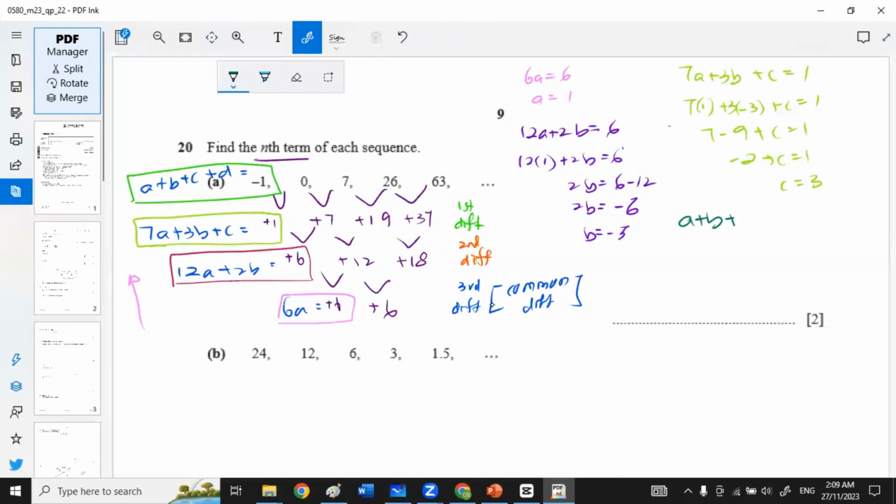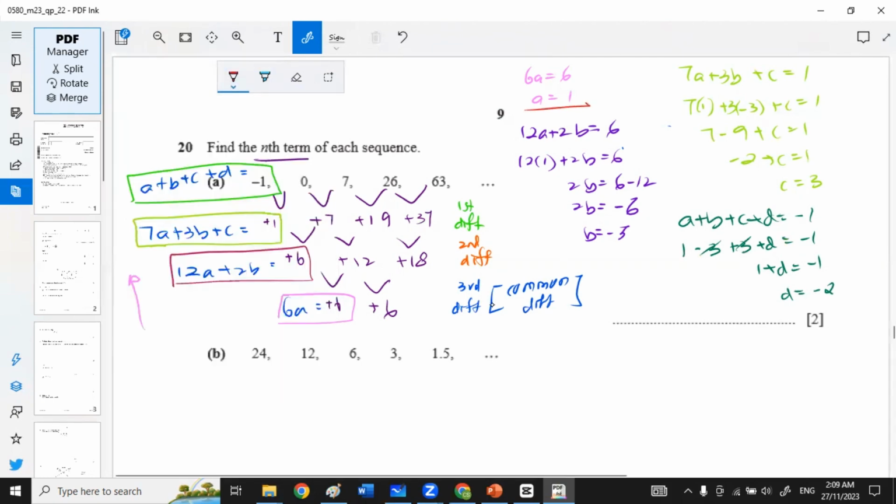Then the last equation, a plus b plus c plus d equal to negative 1. A is 1, b is negative 3, c is 3, d is unknown. Okay, negative 3 and 3 settle, so 1 plus d equal to negative 1, d should equal negative 2. So now you have a, b, c, and d.